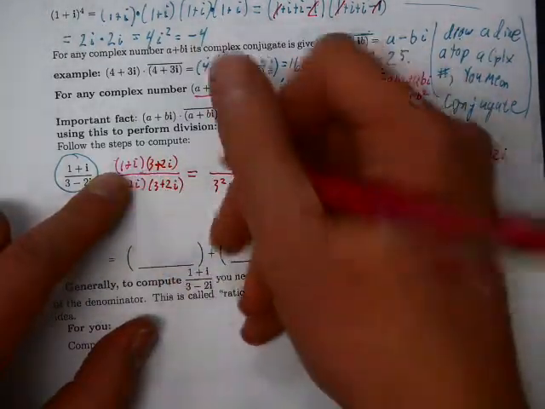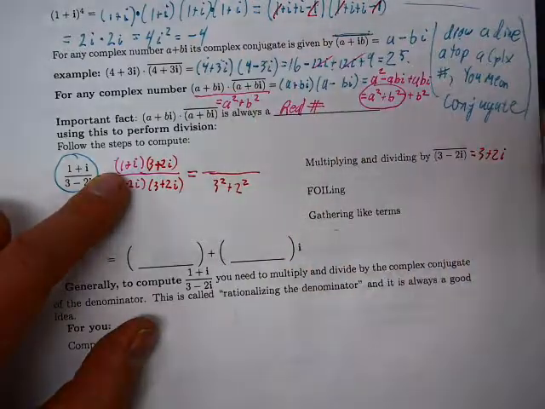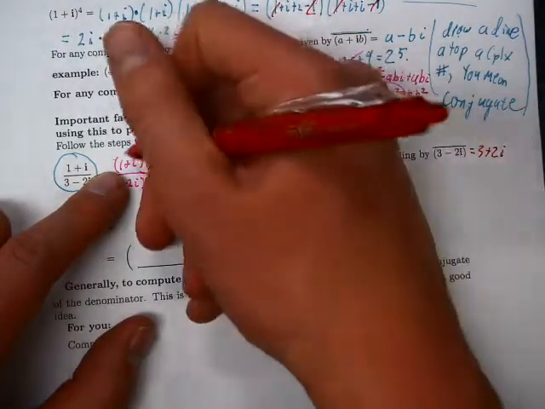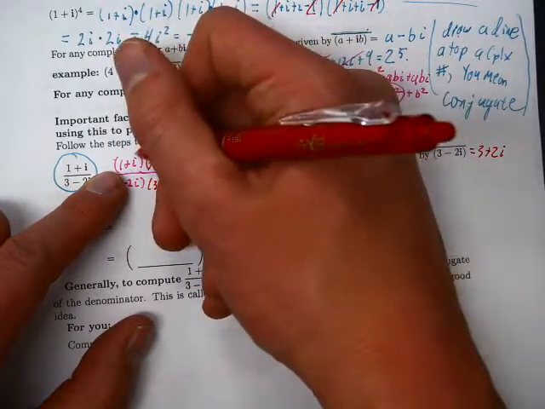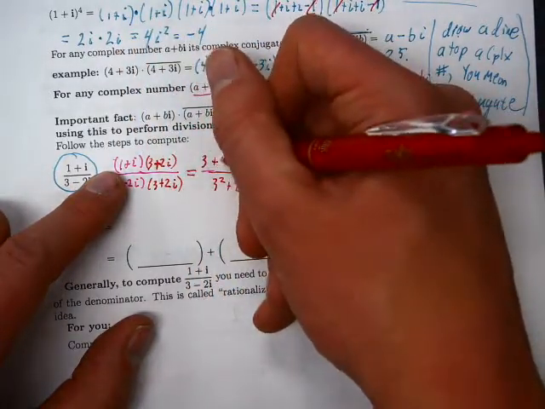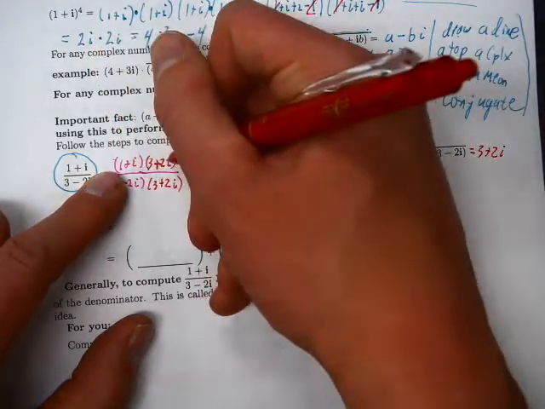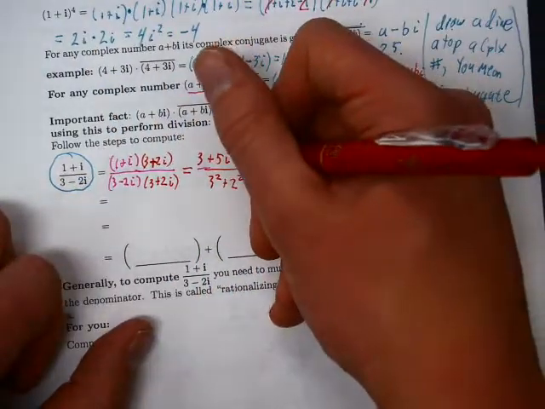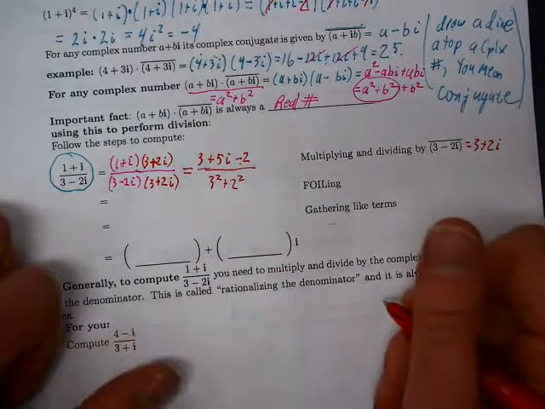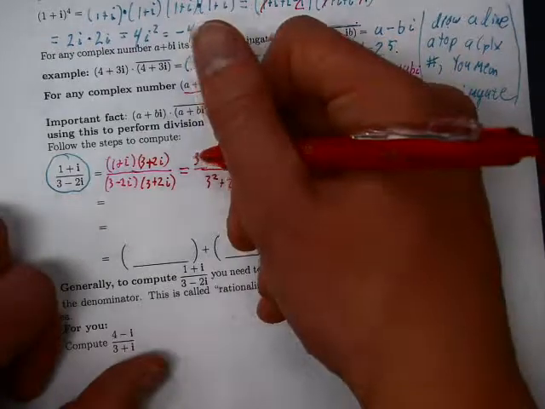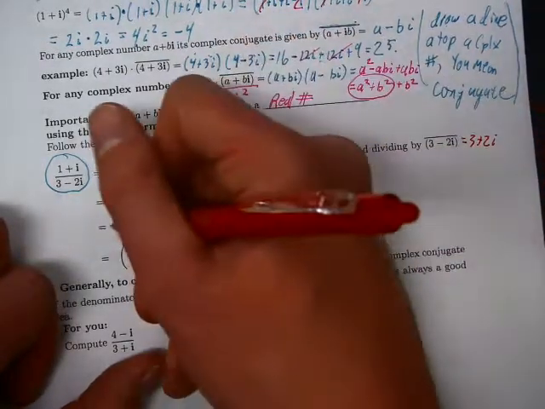Let's look at the numerator now. So I'll see 1 times 3. That is 3, plus 2i, plus 3i, 3 plus 5i, and then i times 2i, minus 2. So I guess expanding out, simplifying, I see 3 minus 2 divided by 13.